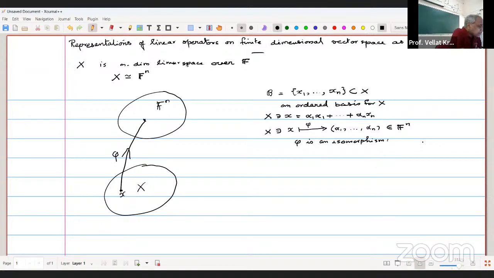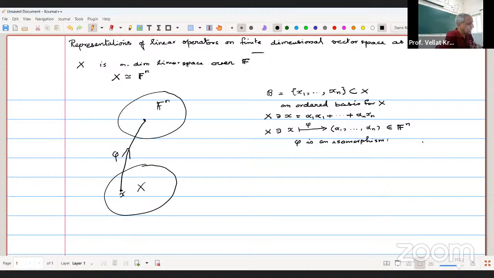The important thing that we should realize is that phi is based on the ordered basis that you choose. For instance, suppose you were to permute this ordered basis into some other form, say y1, y2, etc., yn, then you will get a different representation for the same x.